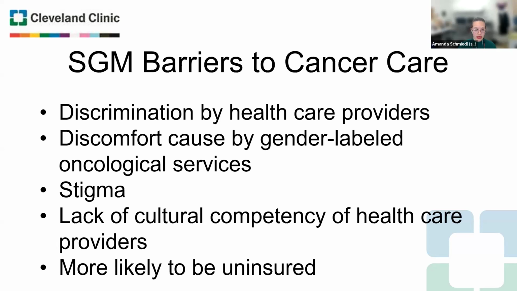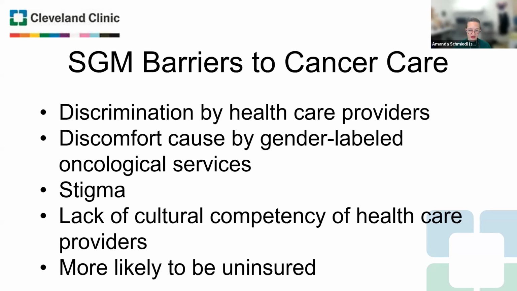Stigma related to this minority, lack of cultural competency of healthcare providers, and just the fact that they're more likely to be uninsured and of lower socioeconomic status. This can be because of their socioeconomic status, it can be because of the barriers to marriage and the healthcare system in our country of how people are insured.